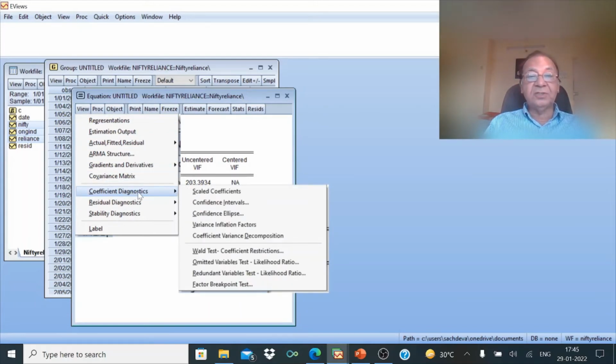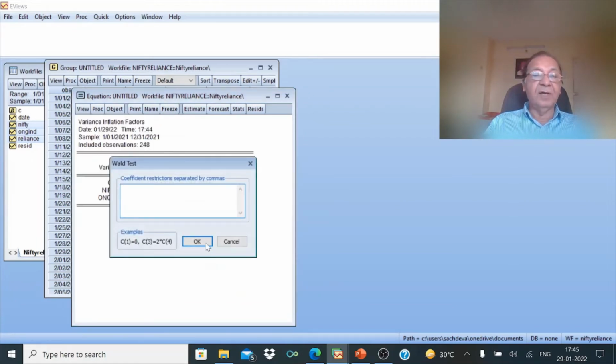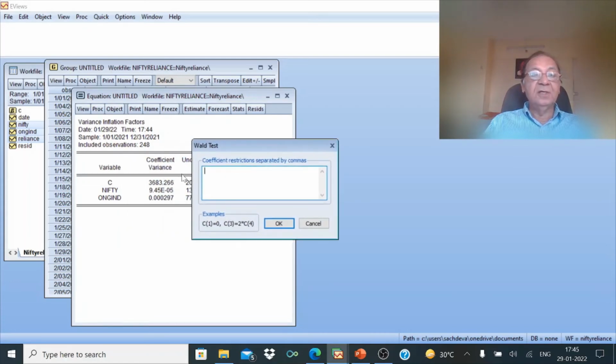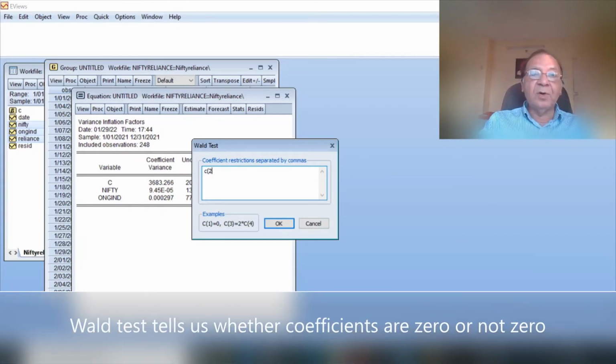Coefficient diagnostic, we can do the coefficient diagnostic by Wald test. Wald test will tell us whether these variables, C1, C2, C3, whether C2 is equal to C3, equal to 0.